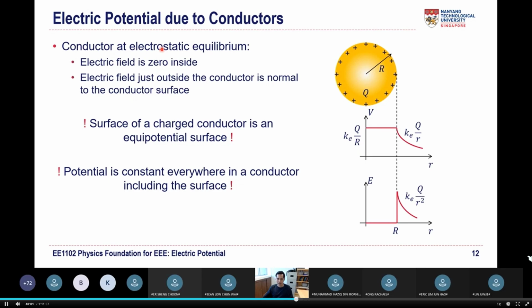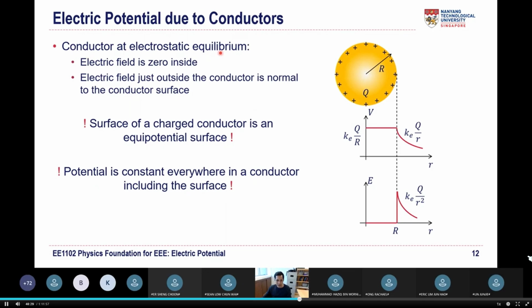Conductor at electrostatic equilibrium means the charges are no longer moving. When I place a charge inside an electric field and it moves, it's not electrostatic equilibrium, because it's not static. But after everything has moved and all the charges are located on the surface of the conductor, we can say it is electrostatic equilibrium.